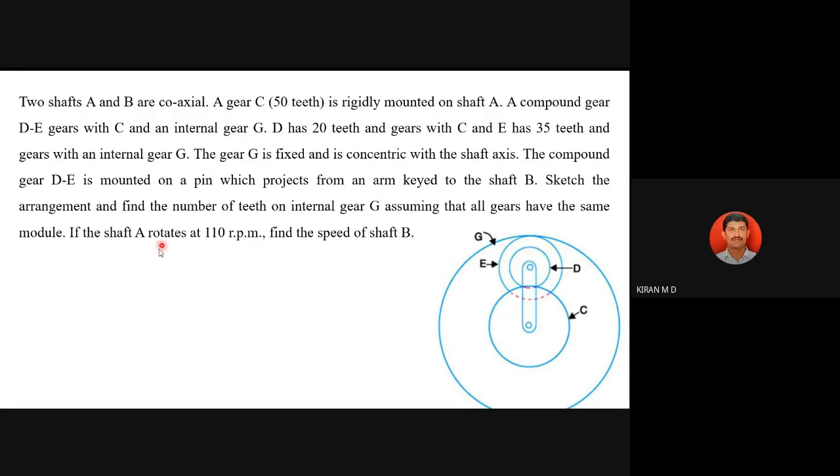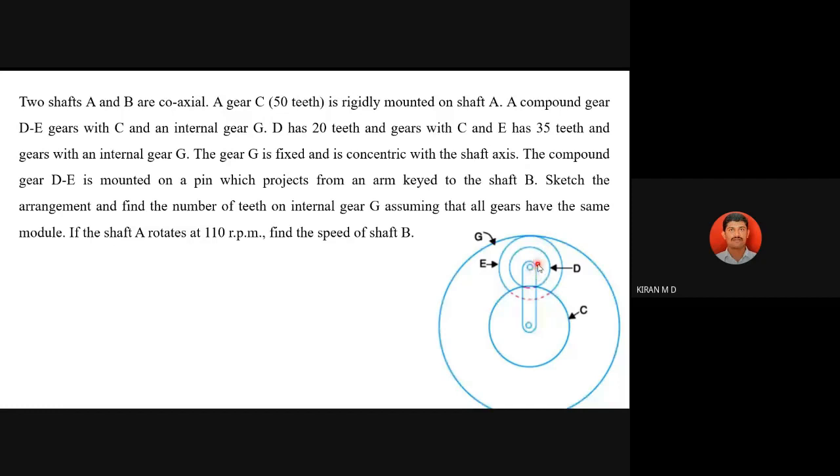Sketch the arrangement and find the number of teeth on G, assuming that all gears have the same module. If shaft A rotates at 110 RPM, find the speed of shaft B, which means the speed of gear D or gear E, both at the same speed.